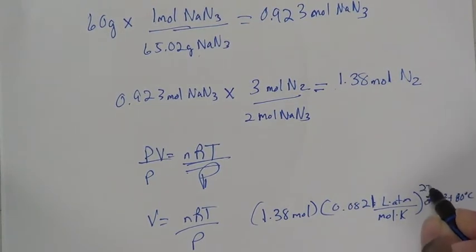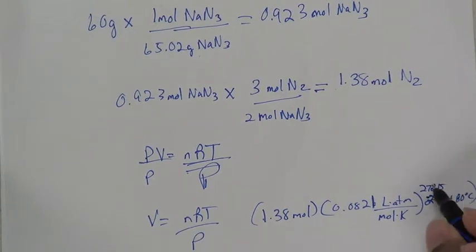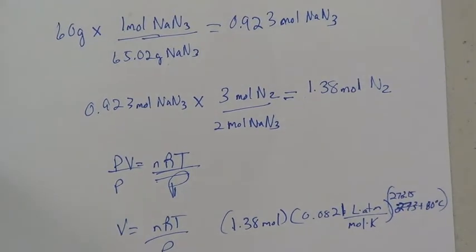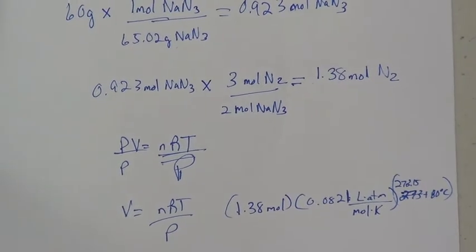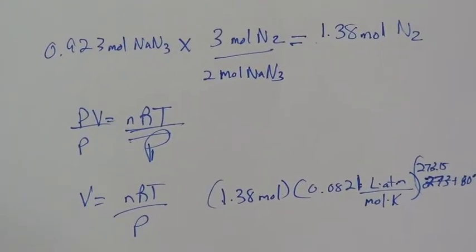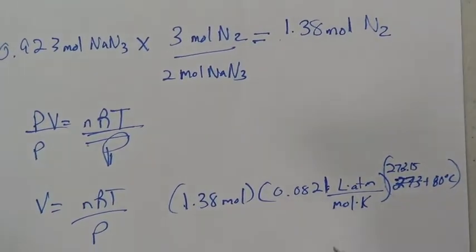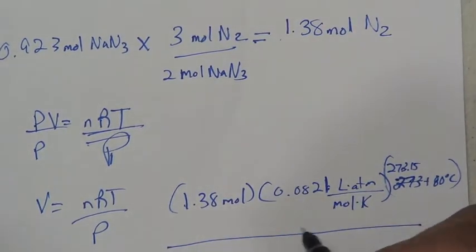We can still use 273.15. All this divided by P, which would be 823 millimeters of mercury.